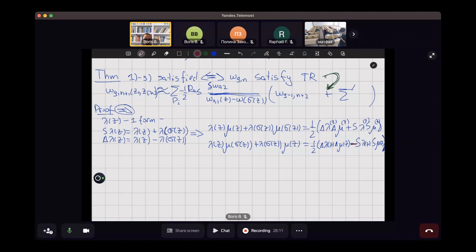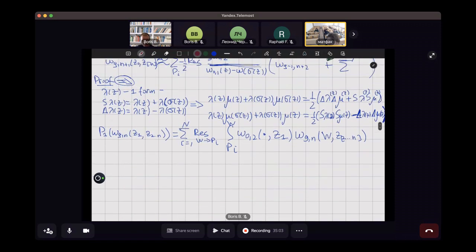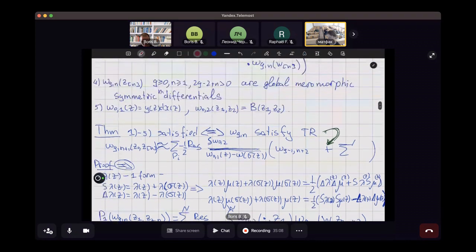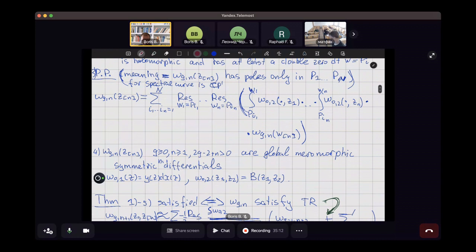Okay. P1 preserves this omega g,n. We know that the composition of P1 and so on up to Pn preserves it. Petya, I can't hear well. So the question is: why does P1 preserve omega g,n when we said that the composition of P1 and so on up to Pn preserves it?